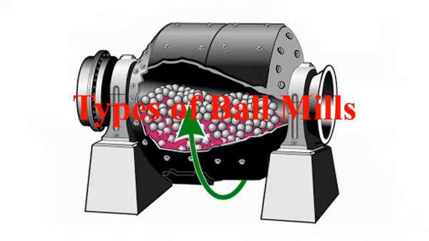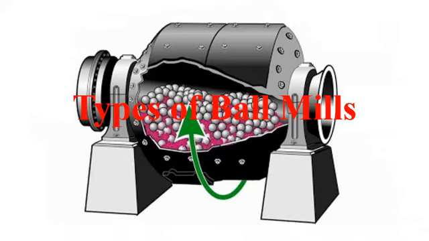They usually use cylindrical ball mills like horizontal and vertical ball mills. The type of ball mill may also depend on the grinding medium, that is, what kind of medium should be used, and for what medium the ball mill apparatus will be used.